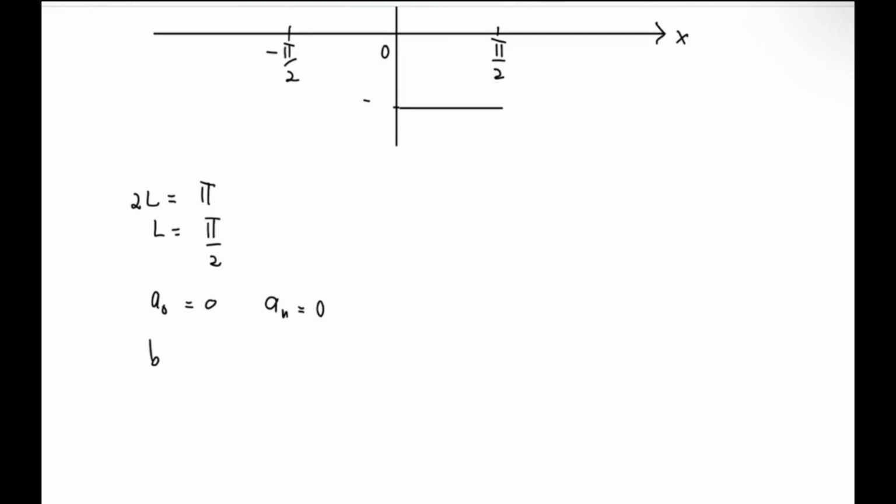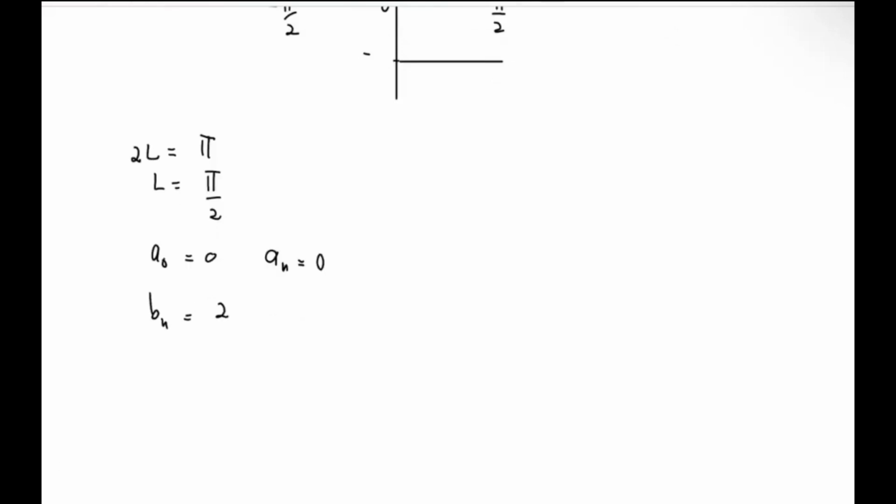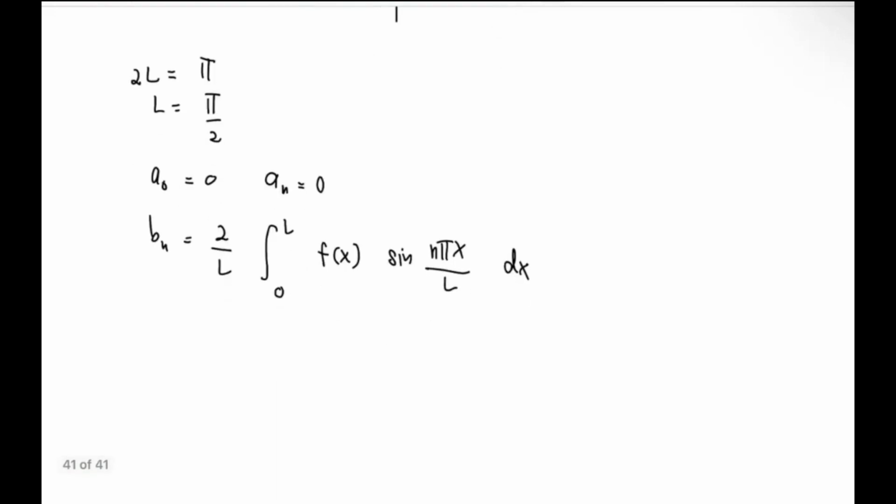So bn is equal to 2 over L, integration 0 to L, f(x) sine n pi x over L, with respect to dx. So we are going to integrate with respect to x. Alright, so substitute L. L is pi over 2.